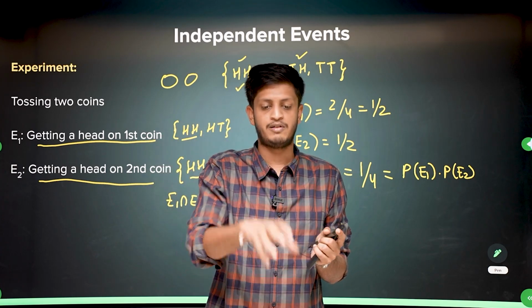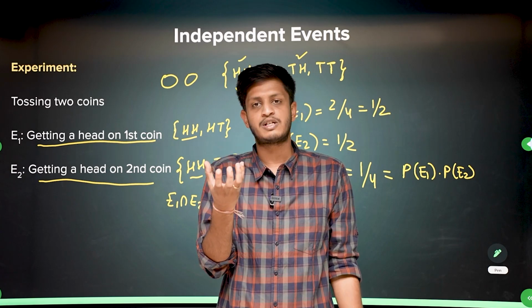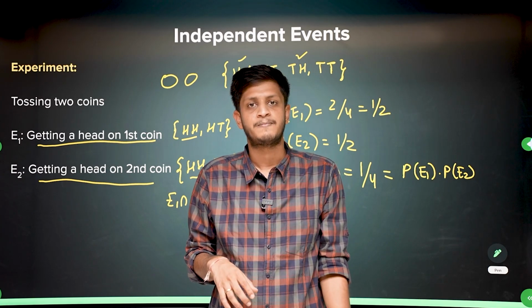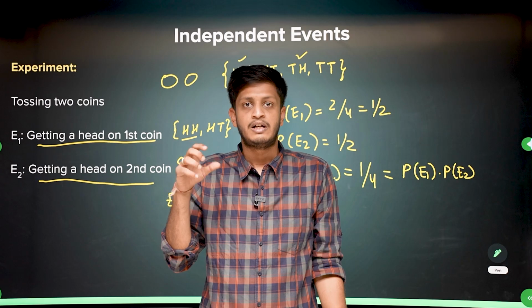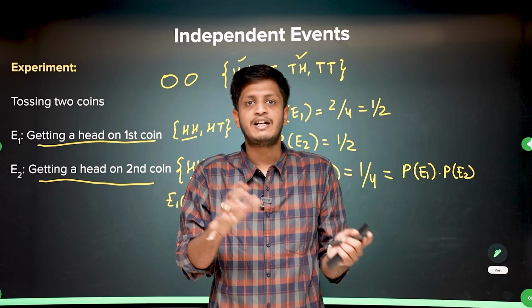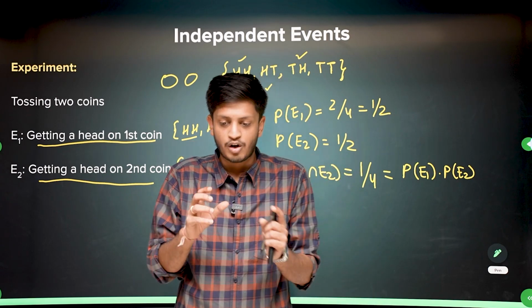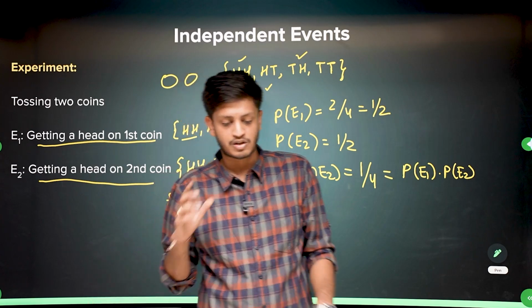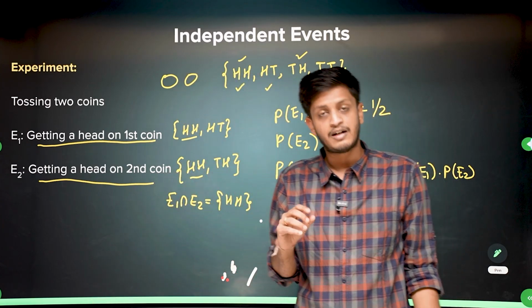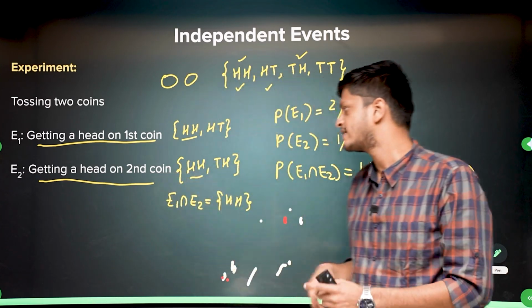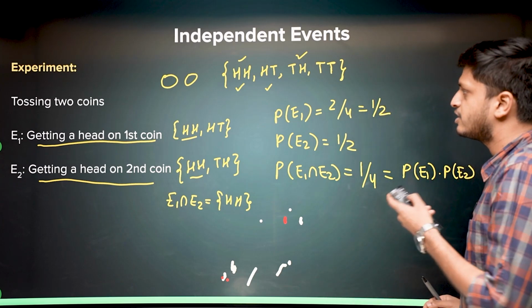So you take one ball out of the bag, you see the color, and then you put it back in the bag, and then you pull out one ball again. Now in this case, events E1 and E2 become independent, since the configuration of the bag remains the same. We will see examples as well. So this was the first experiment.